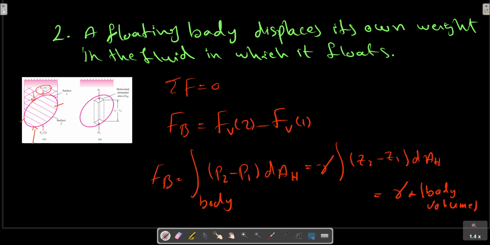For a floating body, the equation is also available for Archimedes' law number 2. Consider this picture for description. Let me first describe the buoyancy force on a submerged body.